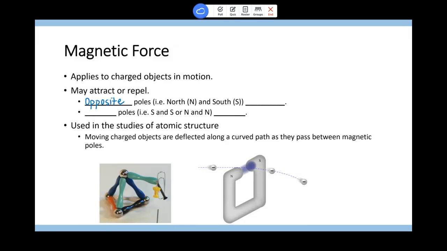If you think of a magnet, if you have north and south poles close to each other, they are attracted. Very similar to opposite charges. And then if you have the same poles, north and north or south and south, and you try to push them together, they will repel each other.